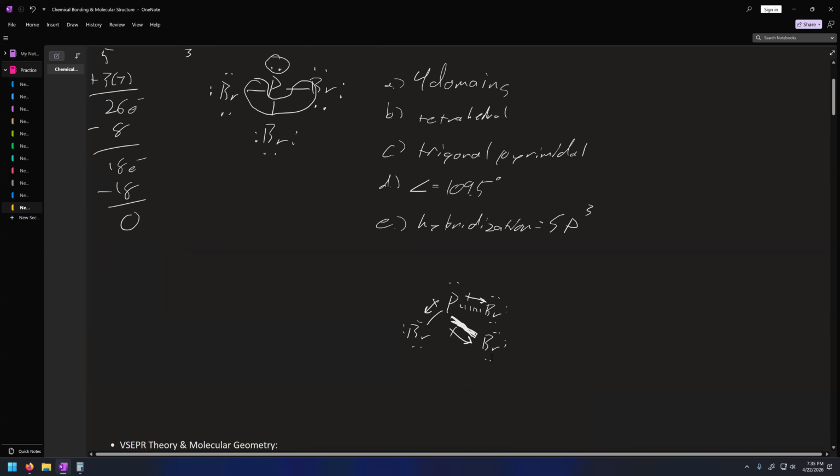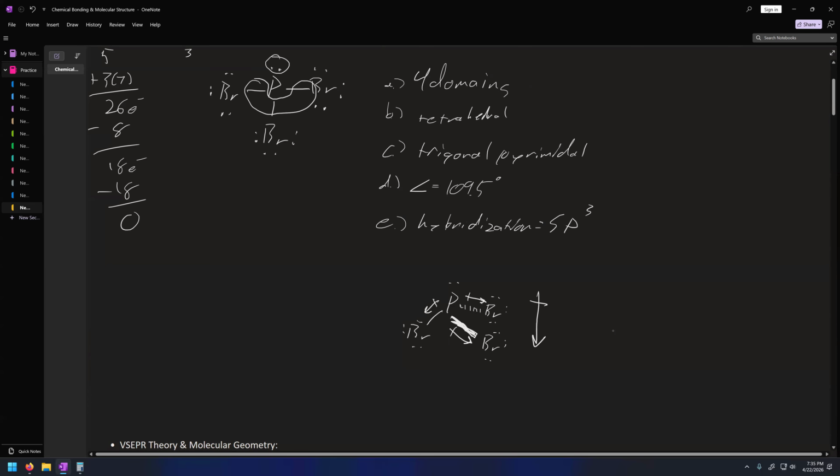So I use these arrows to represent that the electrons are being pulled towards those more electronegative bromine atoms. And then the little slash through the tail means that other end is more positive. So looking at this structure, it seems like the net dipole moment for this molecule is going to be pointed downwards like this.